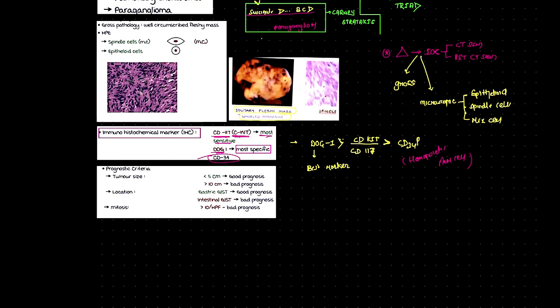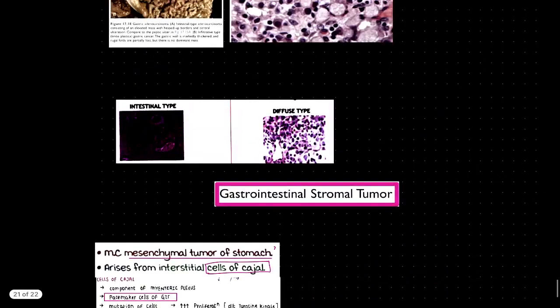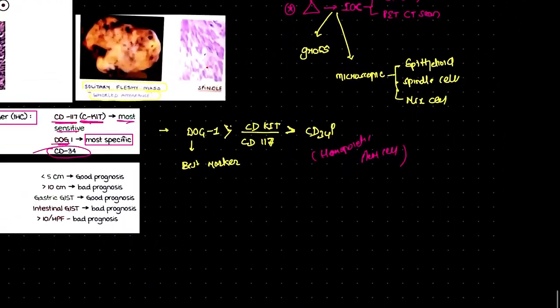One important thing I would like to mention: since we talked about diagnosis, now let us talk about its treatment, right? For treatment, we will provide a tyrosine kinase inhibitor, because it was all happening because of excessive tyrosine kinase.